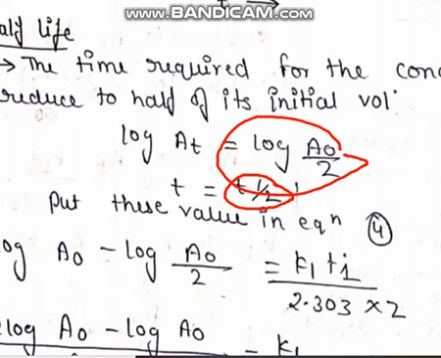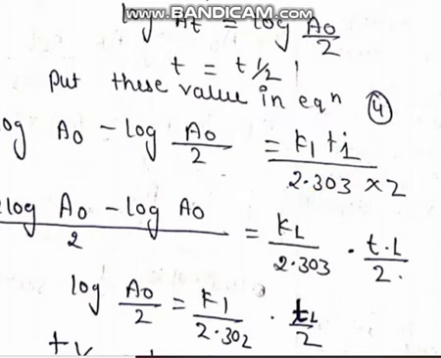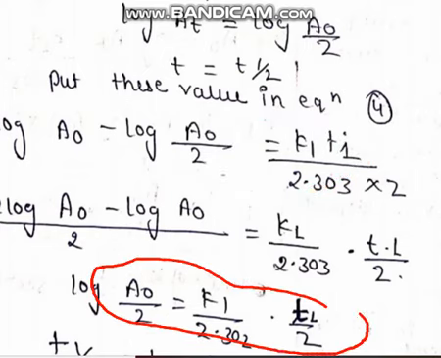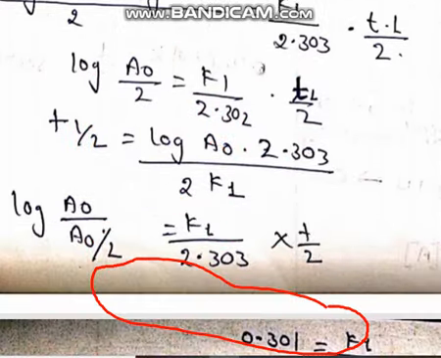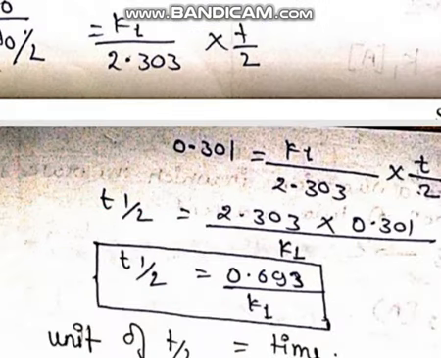So the equation becomes log A0 minus log A0 divided by 2 is equal to K1 t half divided by 2.303, and so the equation becomes log 2 is equal to K1 divided by 2.303 into t half. And finally, the equation will become t half is equal to 0.693 upon K1.